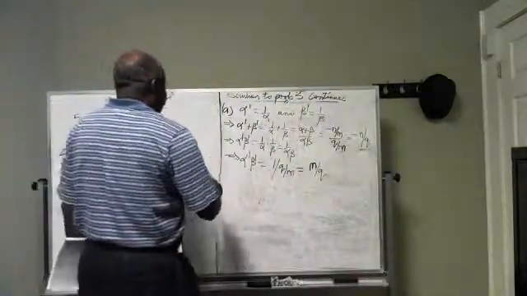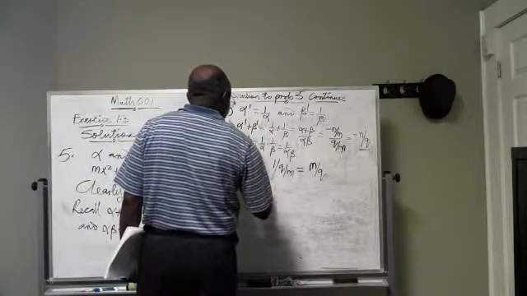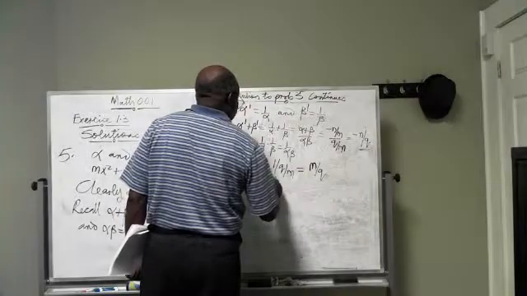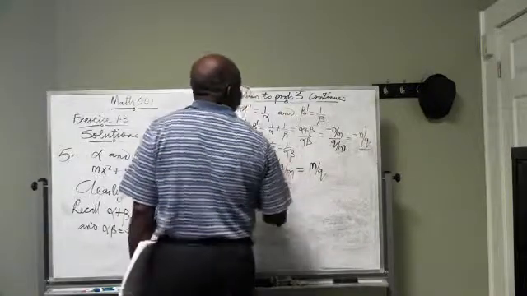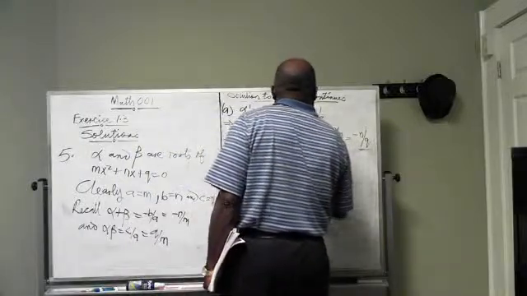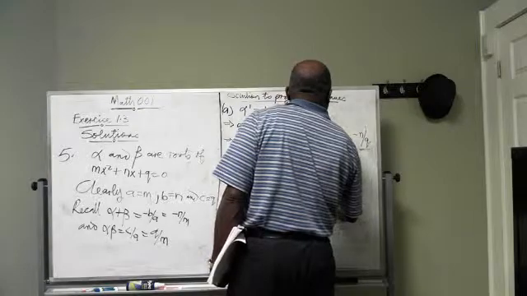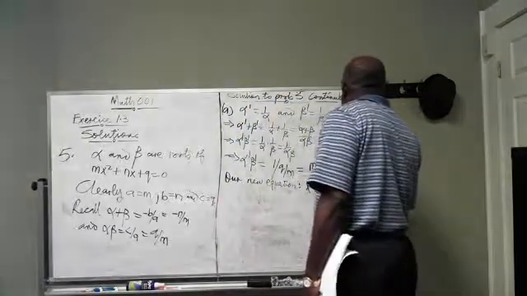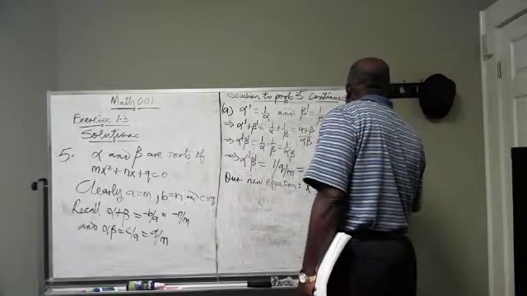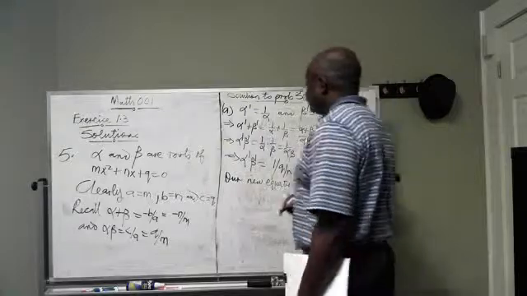Now our new equation is given by x squared minus alpha prime plus beta prime x plus alpha prime beta prime equals 0.